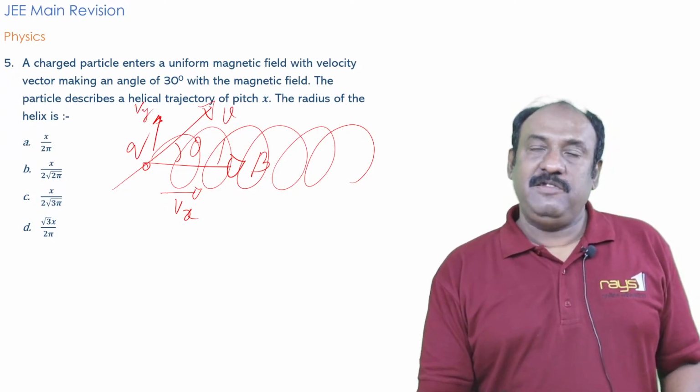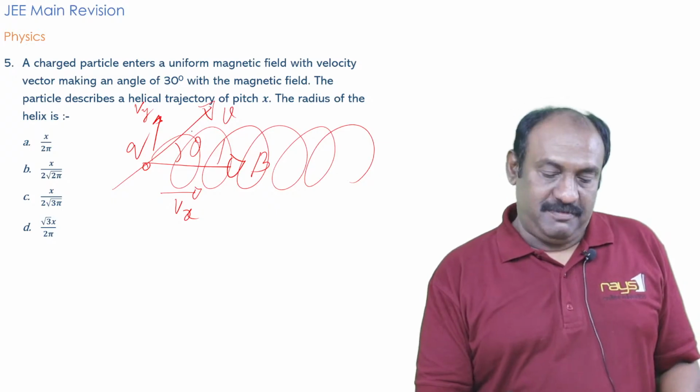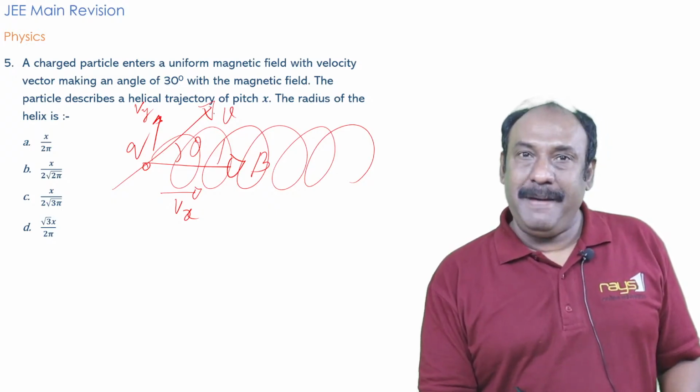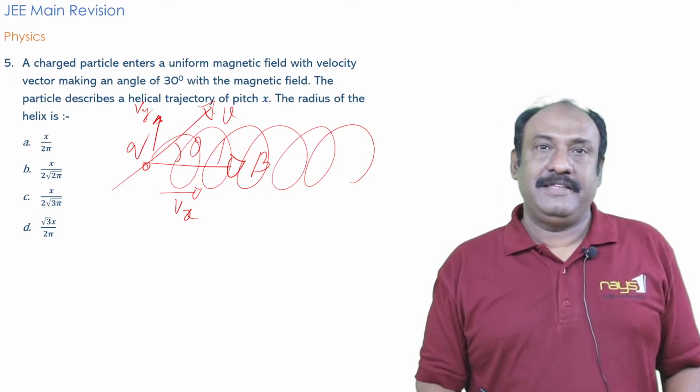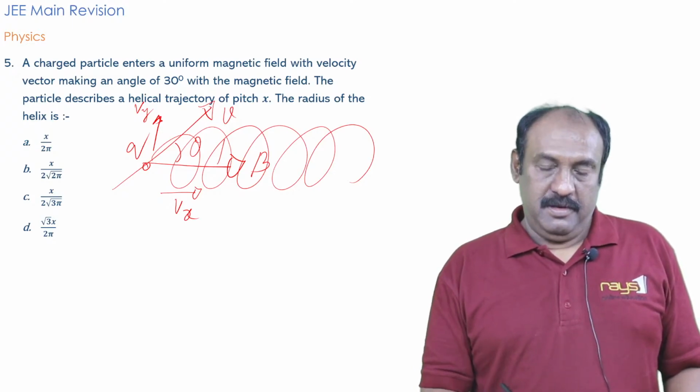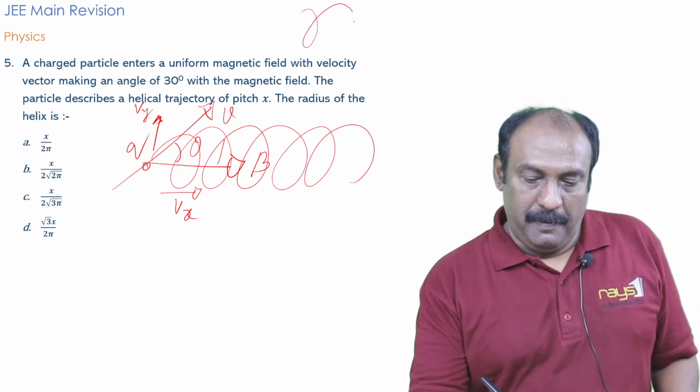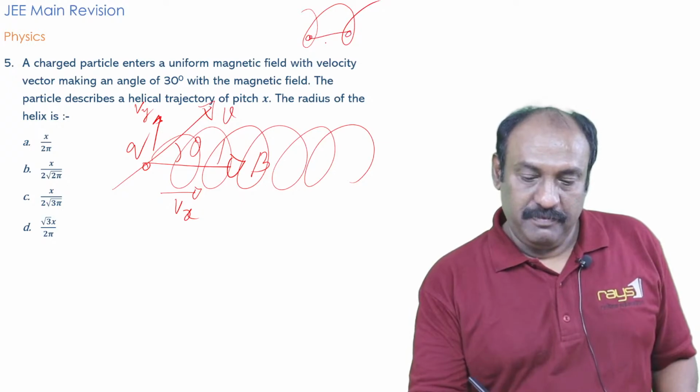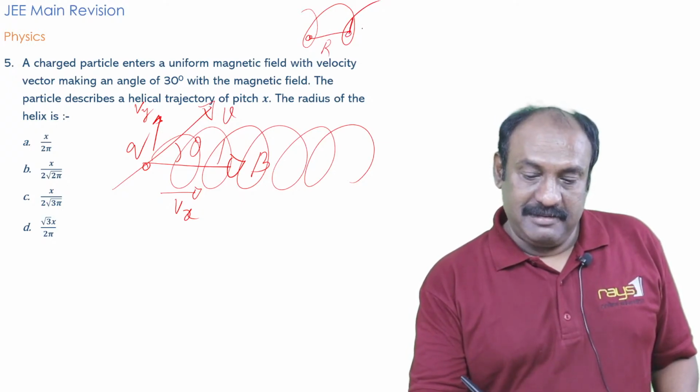So the range is due to the horizontal component of the projection of this particle in the magnetic field at an angle theta with the direction of the magnetic field. This is the helical path, this is the range, and this is the radius of the helical path.